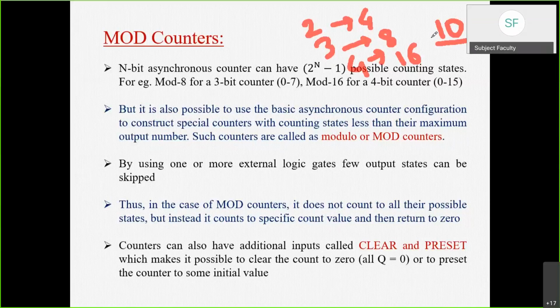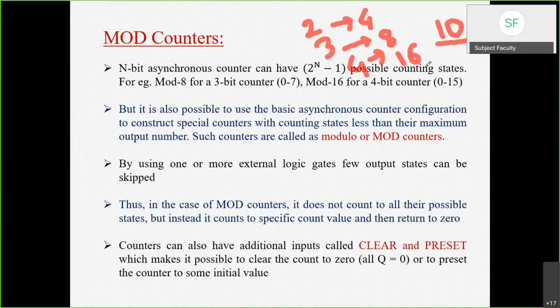I'm repeating one more time that from the earlier discussion we have concluded that an asynchronous counter will have 2 raised to power n counts. So a 2-bit counter will have 4 counts, a 3-bit counter will have 8 counts, a 4-bit counter will have 16 counts.